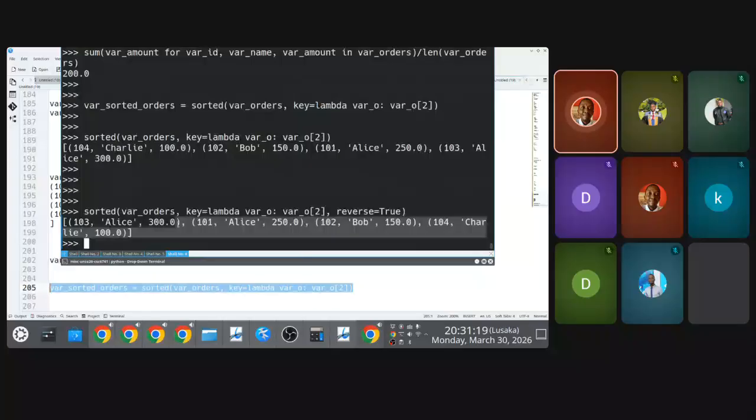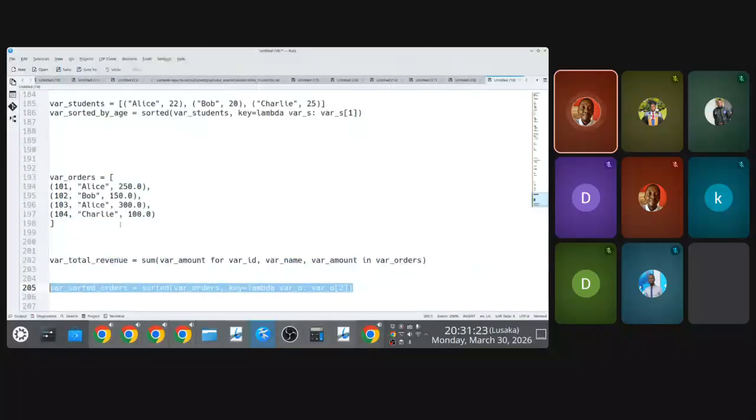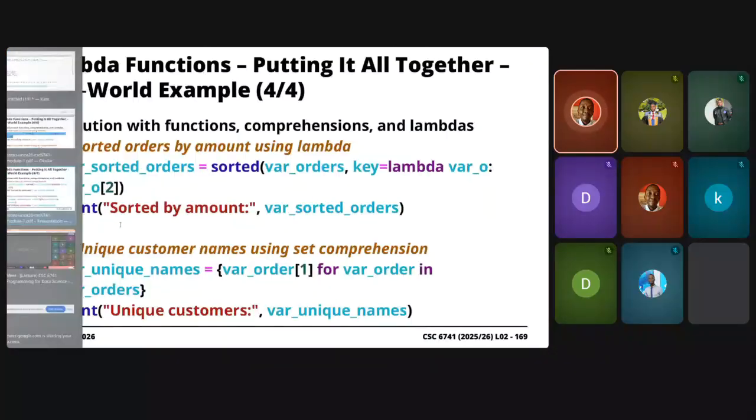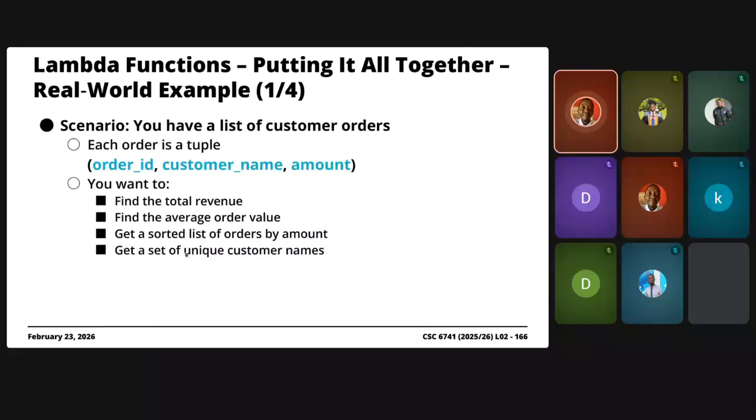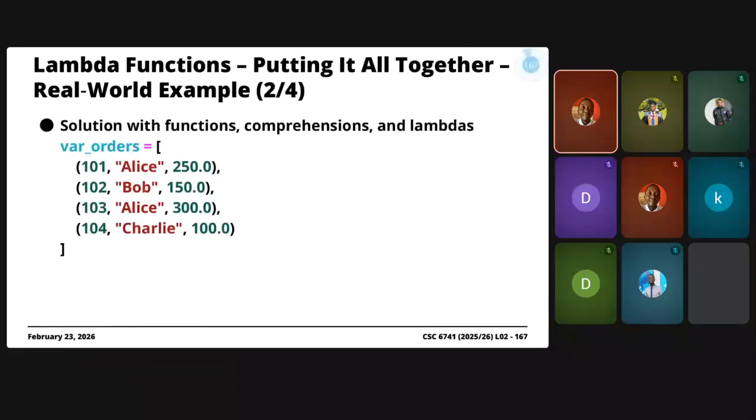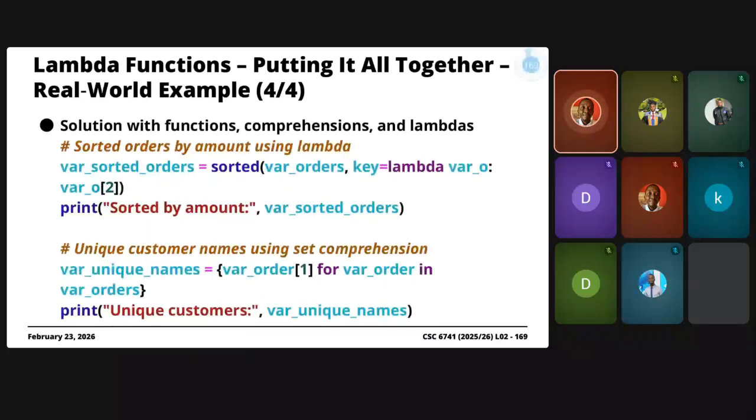And then the way we would solve the last part, where we are interested in getting a set of unique customer names, well, you can use a set. A set has a unique property in that it's going to return unique entries. You never have duplicates, right? So what we do is define a set using list comprehension as we are looping through the orders.